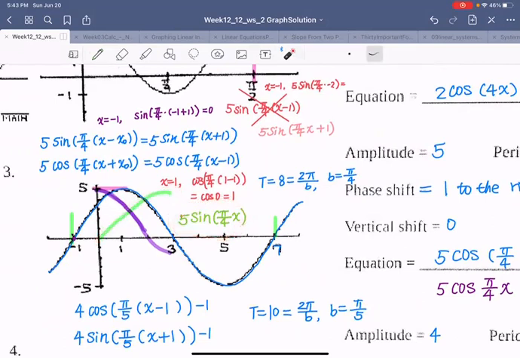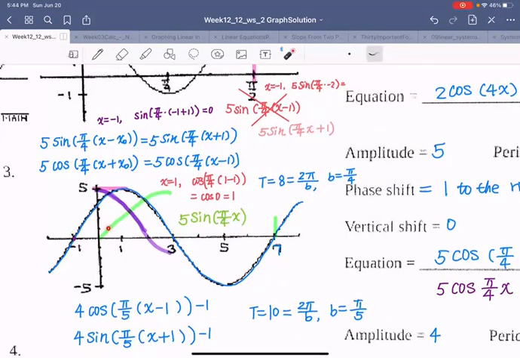Compared to the real blue line, this green one shifts to the left by 1.